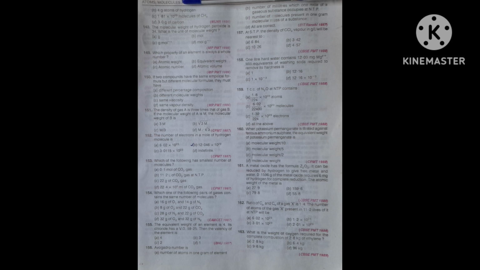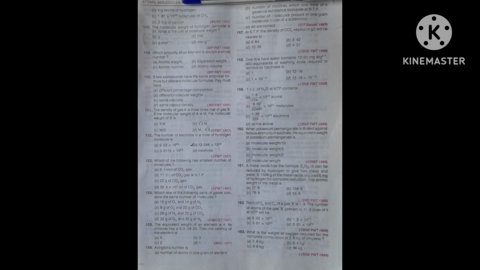Now that you know the equivalent weight, you can easily calculate the atomic weight, because the atomic weight of the metal Z is the equivalent weight of the metal into its valency.